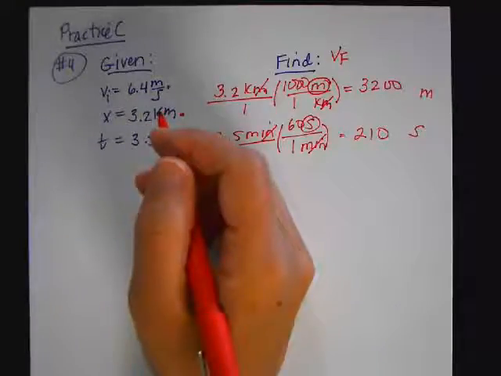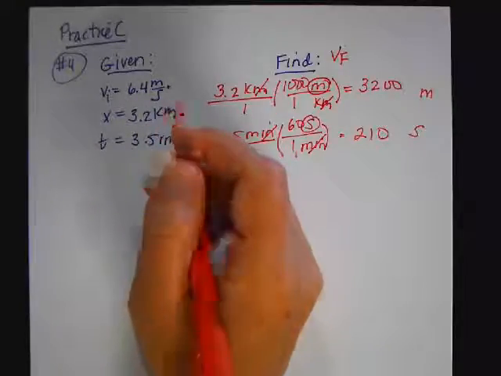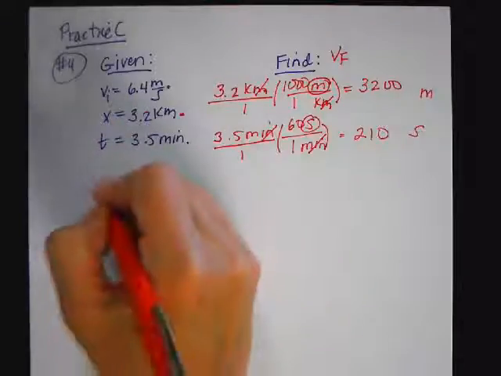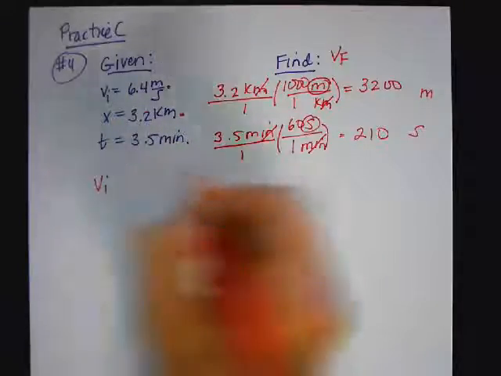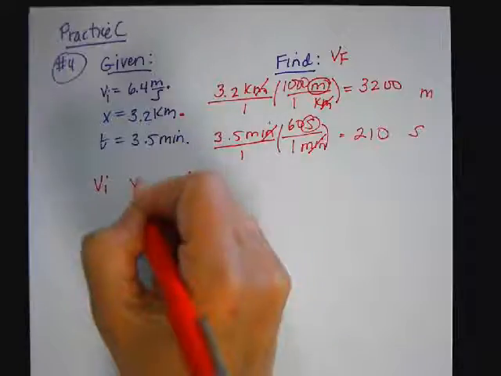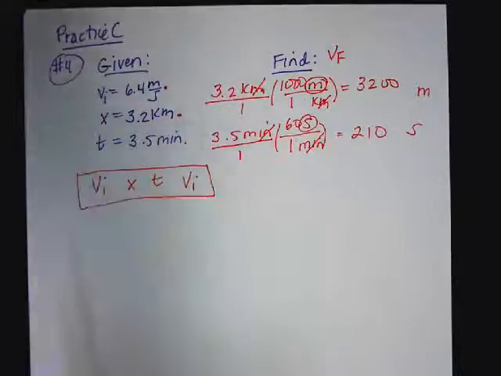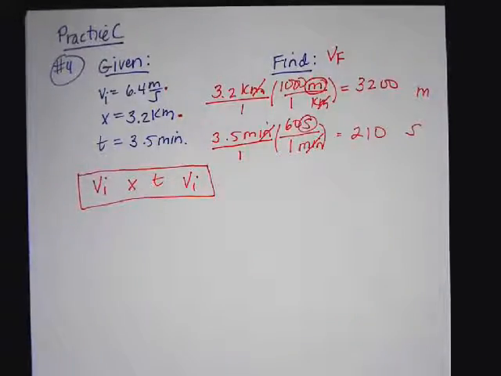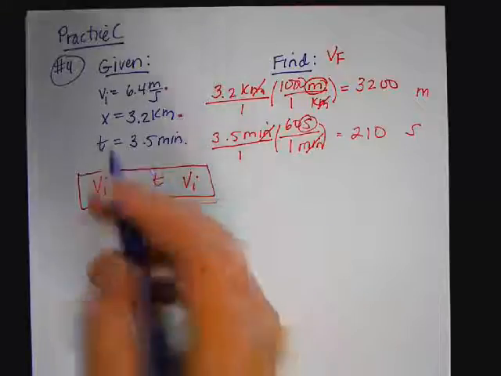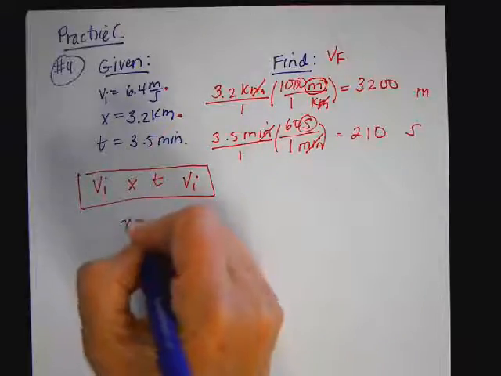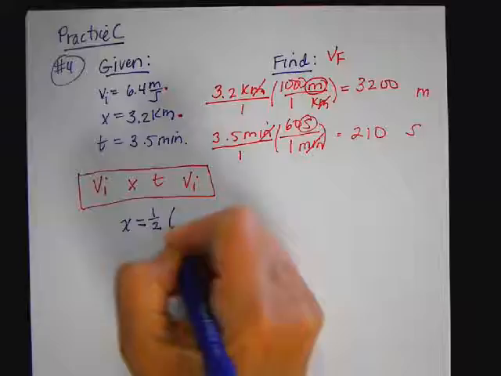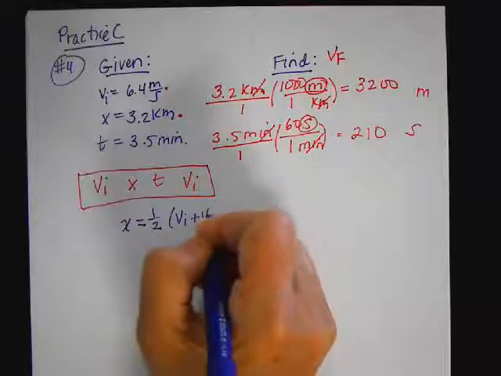So I have VI, I want to find VF, X, and T. So now I'm going to say to myself, which equation has those 4 variables? The equation that has these 4 variables is the one that says x is equal to 1/2 (VI plus VF) times T.